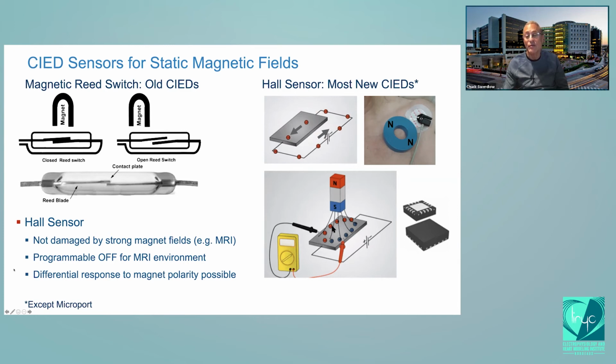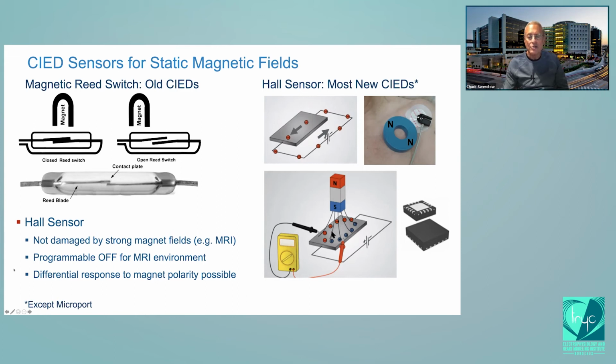This is the actual first proof that the real moving charges in conductors were electrons. The magnet will separate, because magnets apply forces to moving charges, the positive and negative charges, and there will be a voltage induced across the conductor. And that voltage is measured, and when that voltage is measured, the pacemaker enters magnet mode.